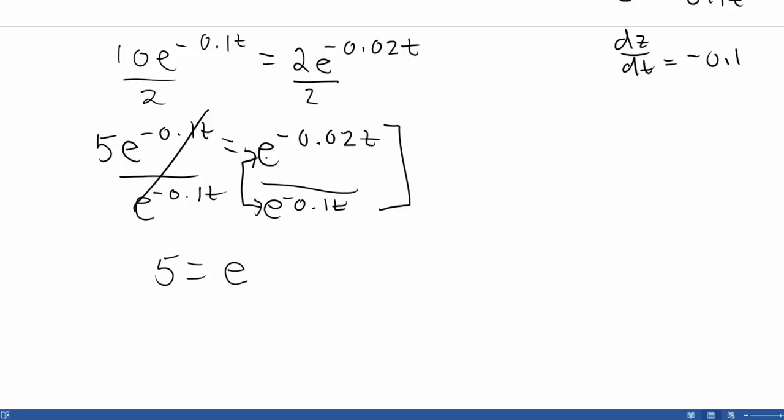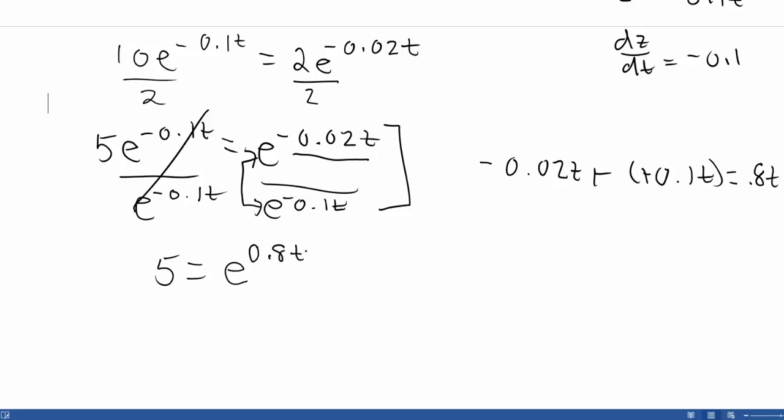So the single base that I have in both is e, and I'm going to take the top power minus the bottom power. So negative 0.02t minus negative 0.1t. The negatives are going to cancel, and this is going to result in 0.8t when I simplify that. So that means I can write the ratio of this function as e to the 0.8t.